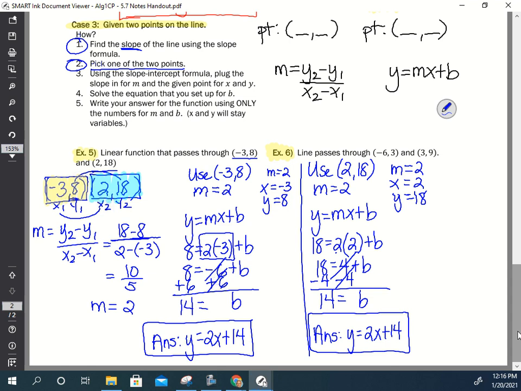Any questions on example 5? Wait about 30 seconds here for those people who are still copying, because in a second, I'm going to have you start example 6 yourself. It's not a hard problem, but you got to pay attention to what you're doing.